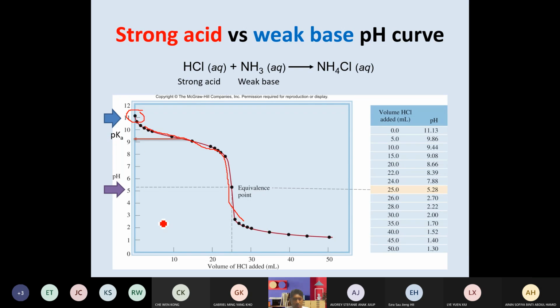So how does it look? This is a beaker. We will see it actually in the next class, but for the sake of understanding now, this is a beaker and I am dipping the pH probe here. The solution is up to this part, right?